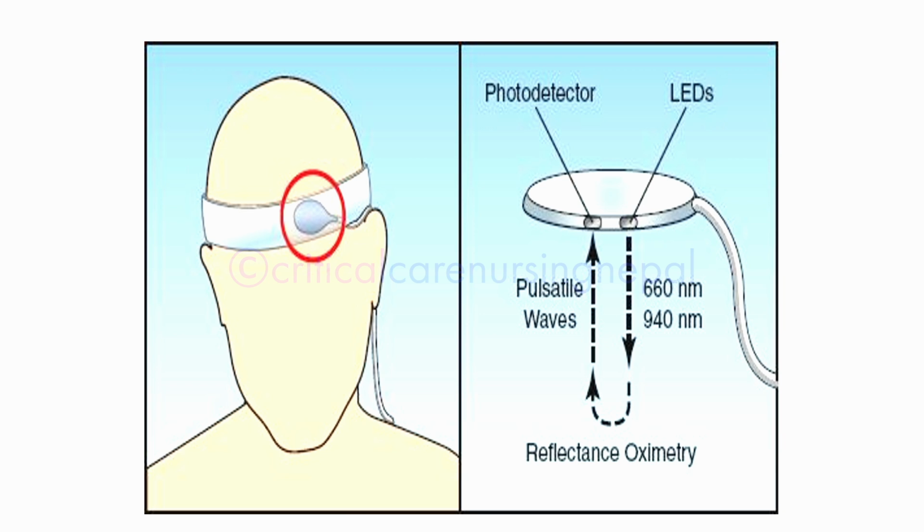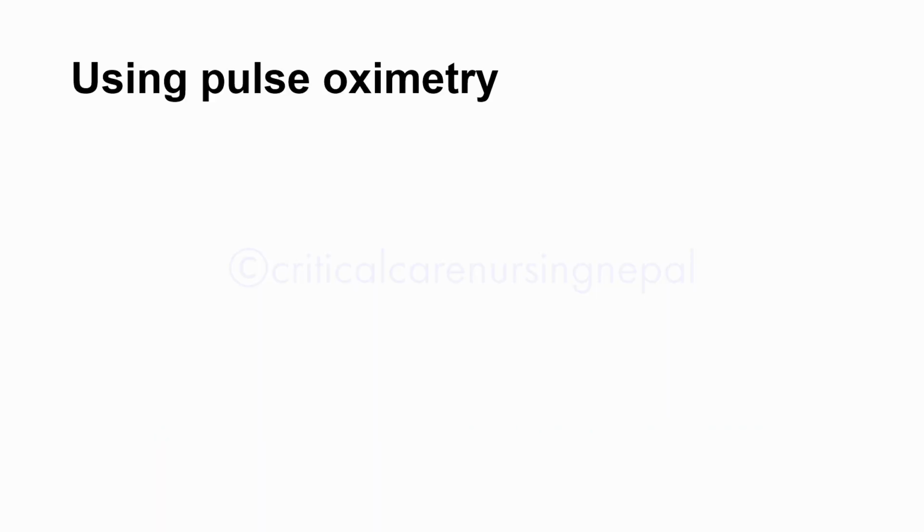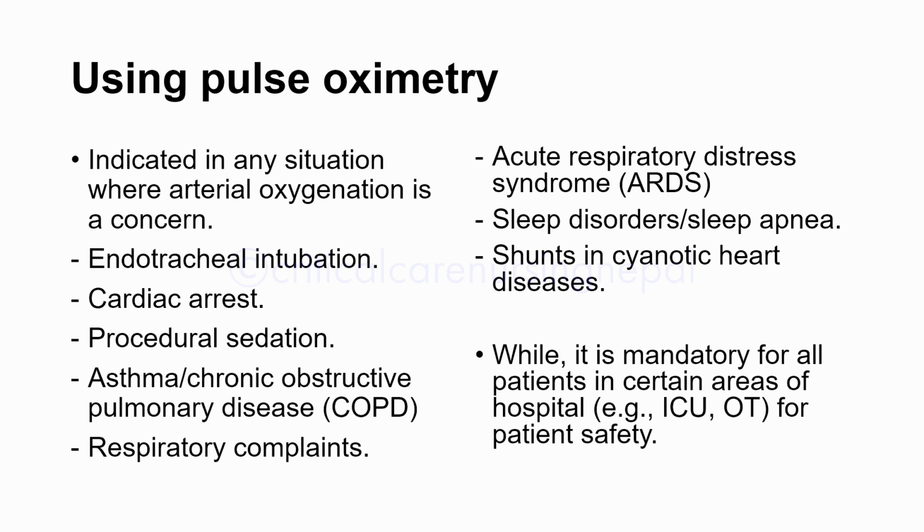And now the uses of pulse oximeter in the critical care setting. Pulse oximeter is indicated anytime where oxygenation is a concern, which is almost always.